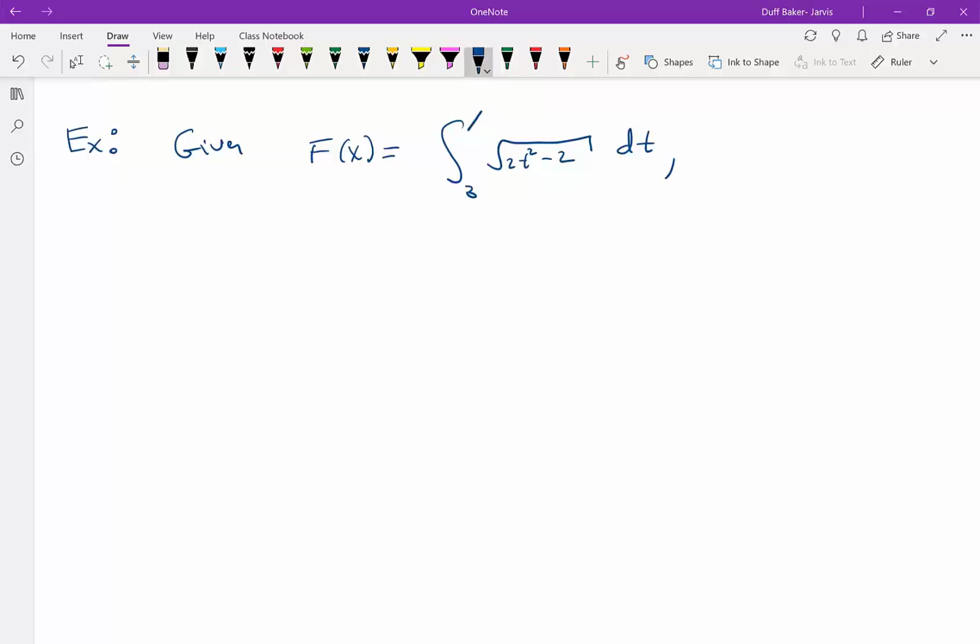So this upper bound is x squared. Again, we want to compute the derivative here.